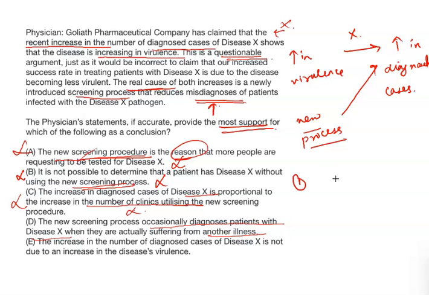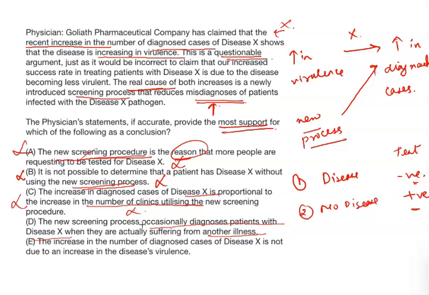First, the disease is present, but the test shows negative. And the second case is that there's no disease, but the test shows positive. Both of these ways are misdiagnosis. One is a false negative, one is a false positive.